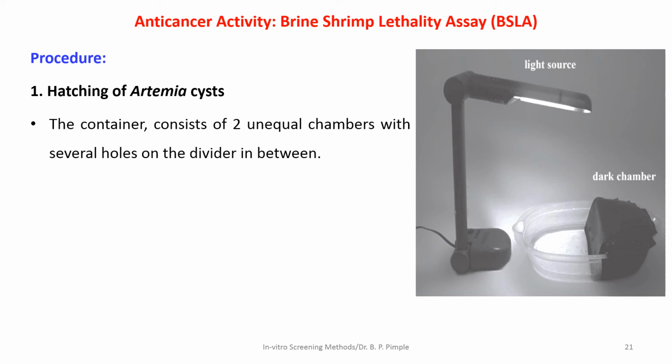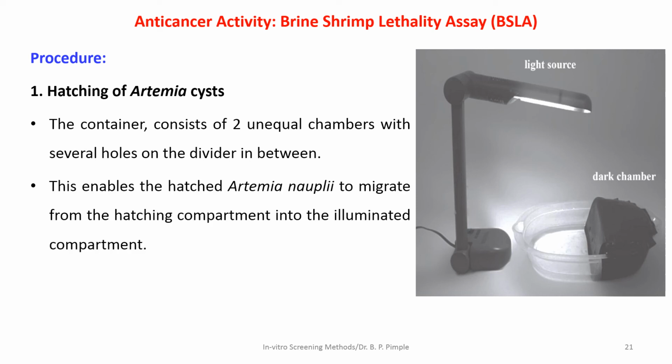One of the chambers is called the light chamber, wherein we provide light with the help of a table lamp or an LED bulb, whereas the other end is closed with black colored material in order to prevent the entry of light, so that the eggs or the cysts hatch out and travel from the dark direction towards the light.